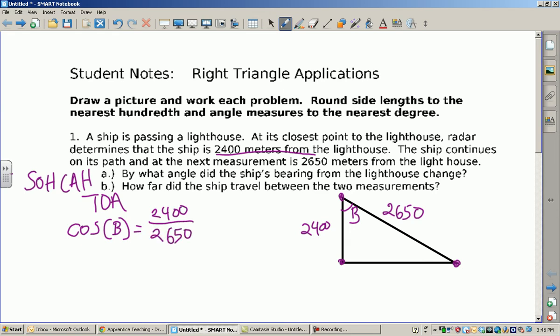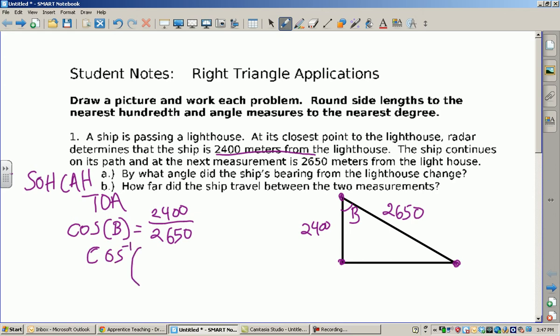Now, I don't know what B is, but I know what the ratio of the sides were, so I'm going to use the arc cosine, or cosine to the -1. Remember, this was the second cosine on your calculator. Pardon me, I messed up there. This was the arc cosine, which is second cosine on your guys' calculator. I don't have a calculator pulled up, so I'm going to expect you to do this on your own.